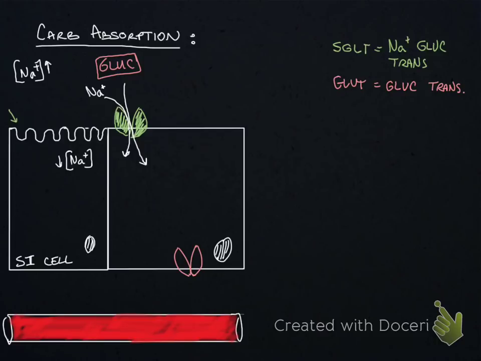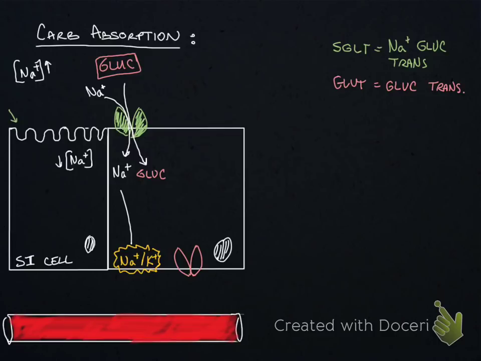So now we have glucose inside of the cell. But we also have sodium. We don't want sodium to stay here. So we're going to use another transporter that is found on nearly every single cell in your body, and that's a sodium-potassium pump. So this is a sodium-potassium pump.